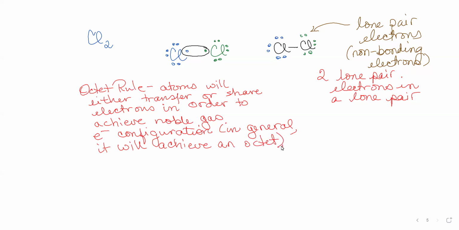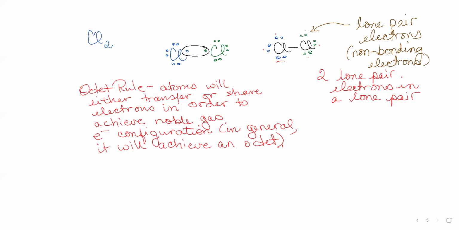So we can see with the chlorine, I have 2, 4, 6, 8 for my blue chlorine and 2, 4, 6, 8 for my green chlorine. And so therefore, this is a good structure because it satisfies my octet rule.